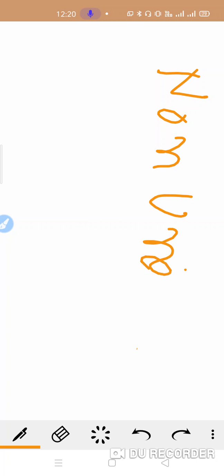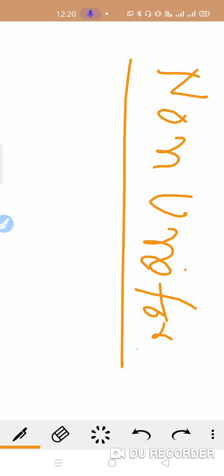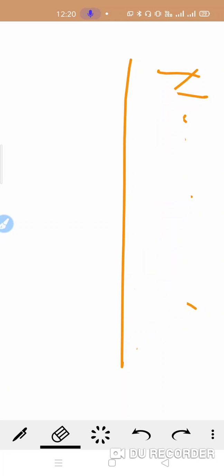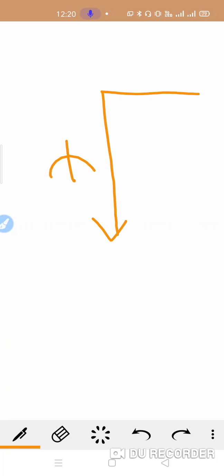In the definition I already told you, non-uniform speed means unequal distance in equal time interval. It's called non-uniform speed. Now we plot the graph between time and distance.